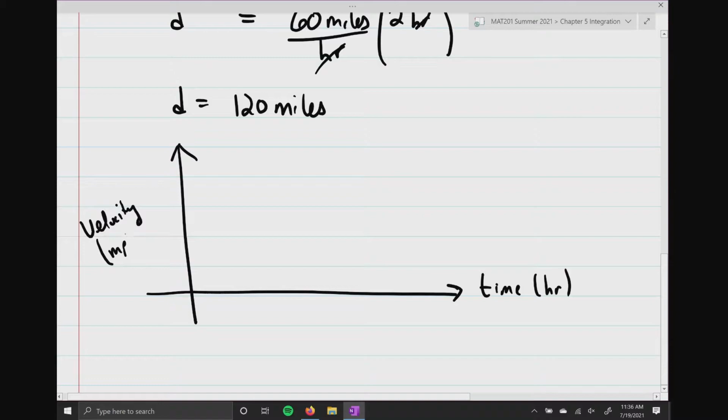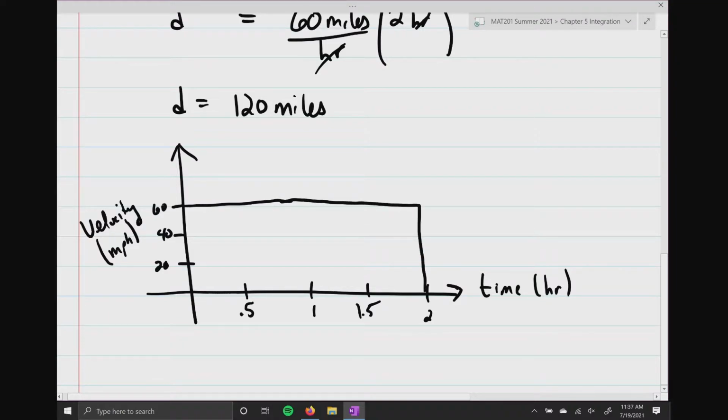So I'll just put mph. And we know that we've been traveling for 2 hours. So 0.5, 1, 1.5, 2 hours. And I told you that for 2 hours, we were traveling at 60 miles per hour.